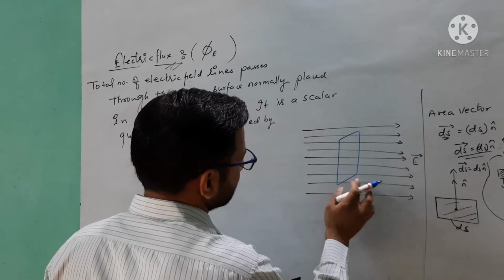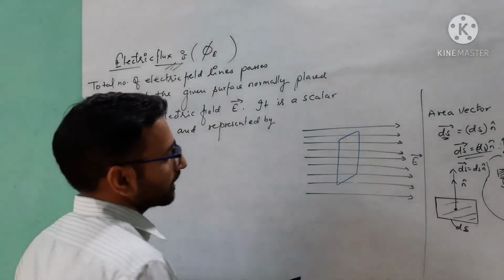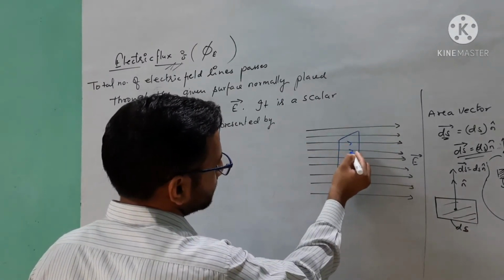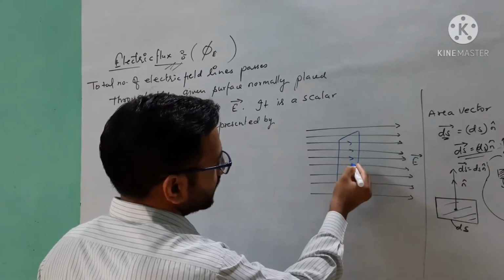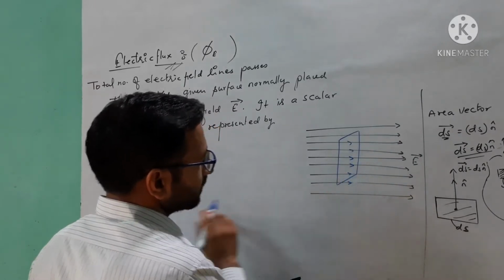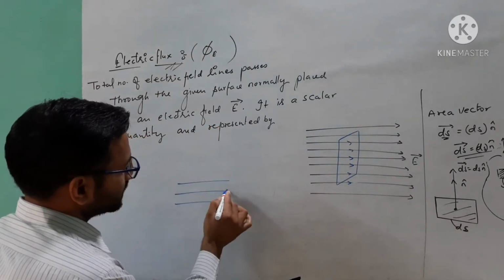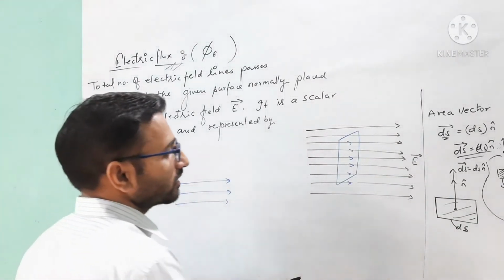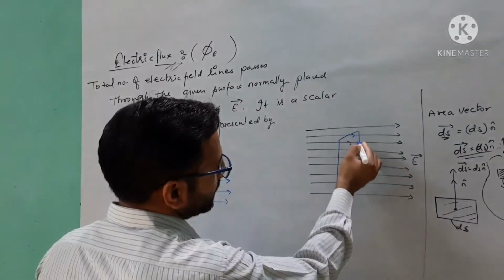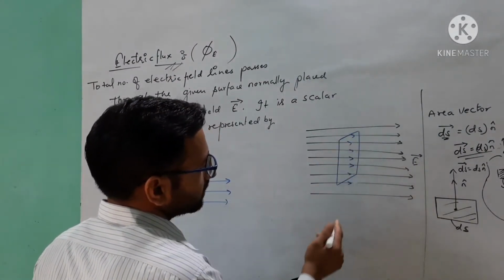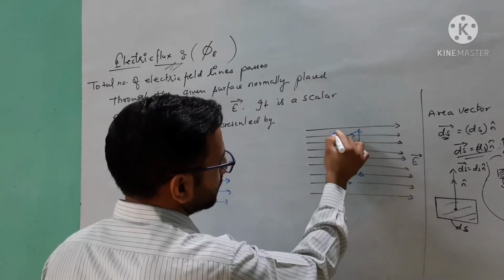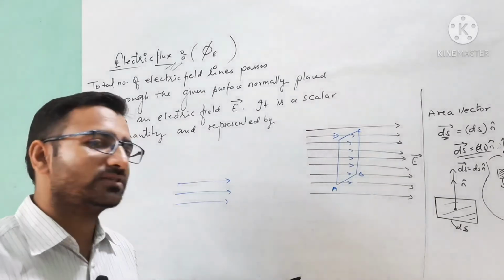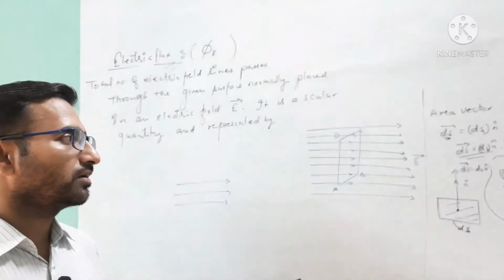These are the lines. As we know, electric field lines represent the strength of the electric field at any point we are discussing. So these electric field lines pass through the surface, supposed to be ABCD, normally. The electric field lines which pass through the given surface normally are known as electric flux.